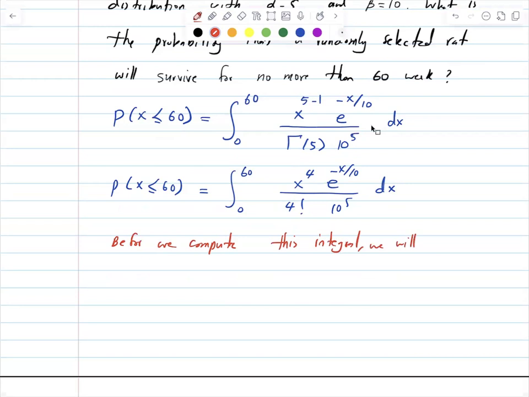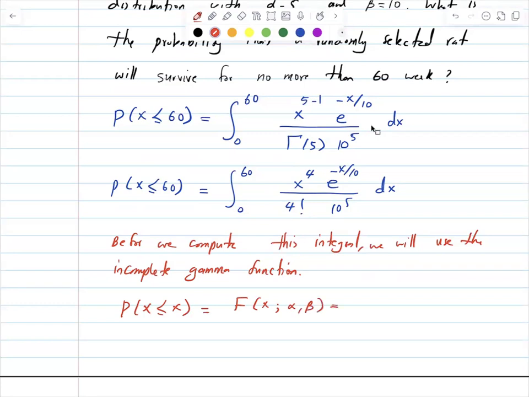We will use the incomplete gamma function. Then we're going to jump into Python. The probability that x is less than or equal to x is equal to F of x with parameter alpha and beta, which is F of x divided by beta.